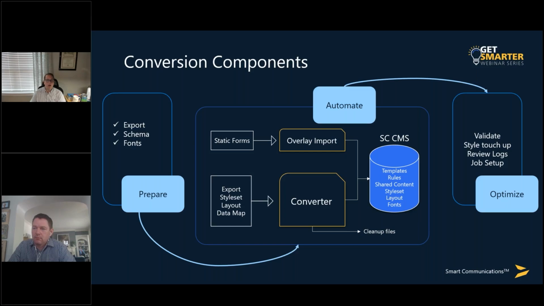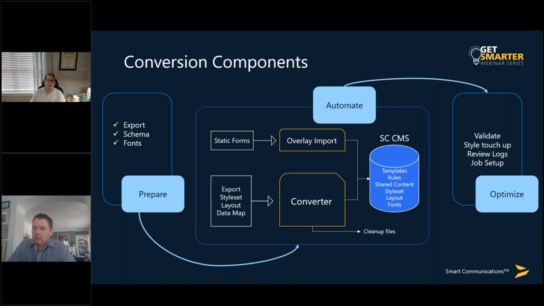Then you look to automate. Static forms, for instance, maybe your tax forms, or ISO forms for the insurance industry. They may be other third-party documents that are provided to you that have to stay the same. They may have a little bit of fixed position data on them, but for the most part, they're static in nature.